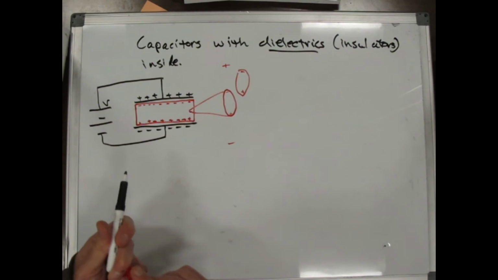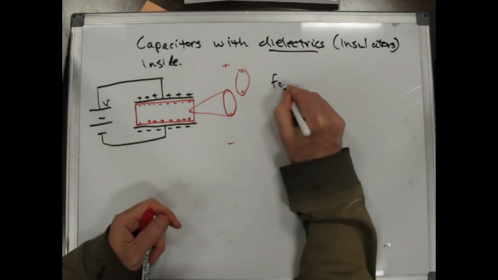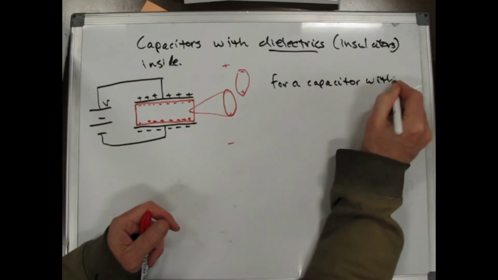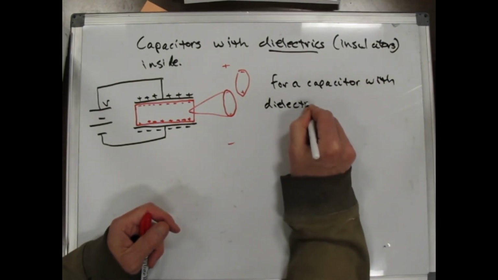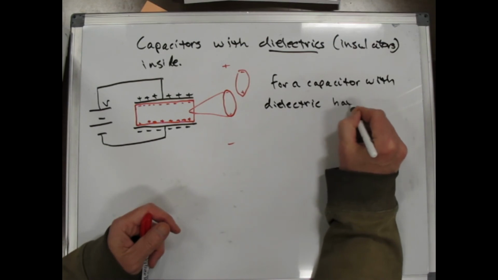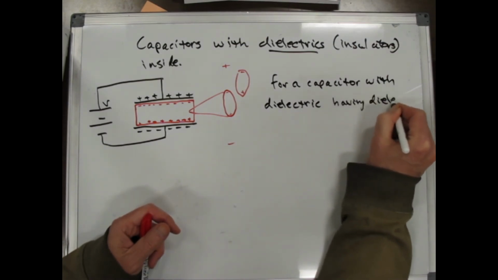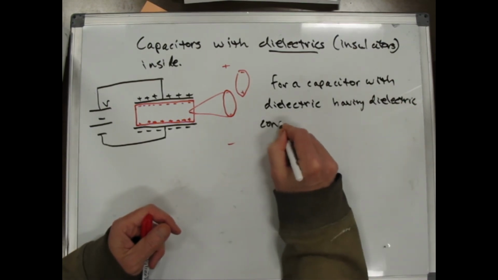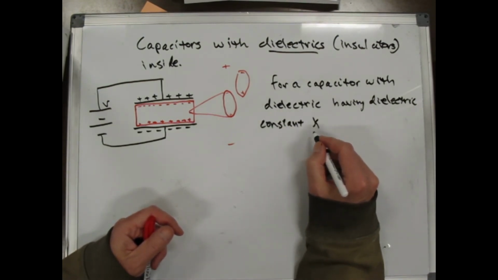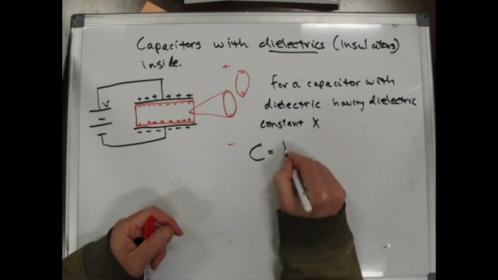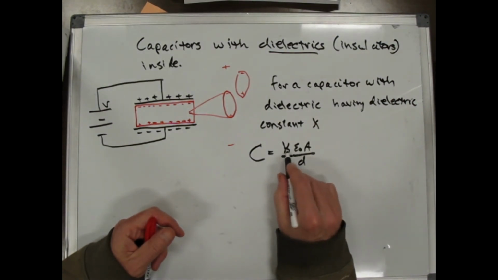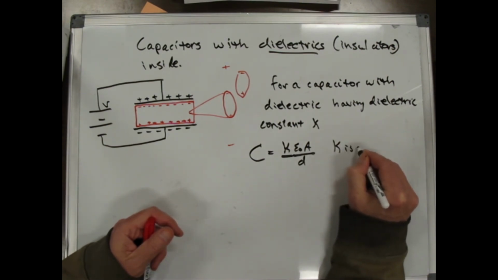And so if you have a dielectric with dielectric constant kappa, that's supposed to be the Greek letter kappa, the capacitance is increased by the factor of the dielectric constant. Kappa is unitless.